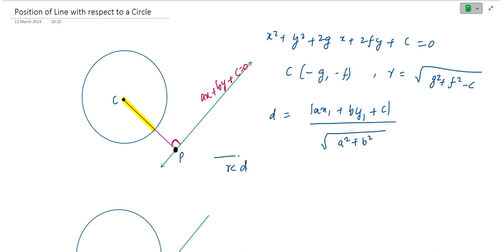Whenever we get this condition, we can say the line is neither touching nor intersecting the circle.